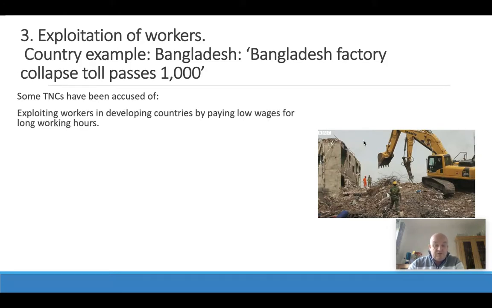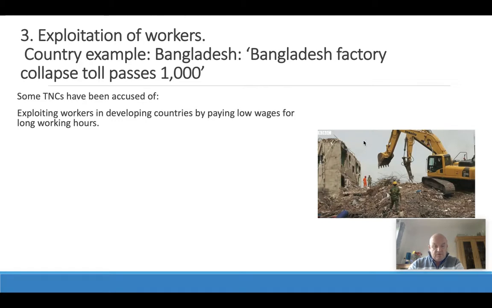So again, another example of transnational companies being accused of exploiting workers in developing countries by paying low wages and getting them to work long hours. Obviously, the TNCs and the MNCs might argue that they're bringing higher wages to the country, but the argument is that in terms of the amount of work expected, the number of hours, and the relatively low wages they're paying in comparison to other workers they have in other parts of the world, that clearly is somewhat of an issue.